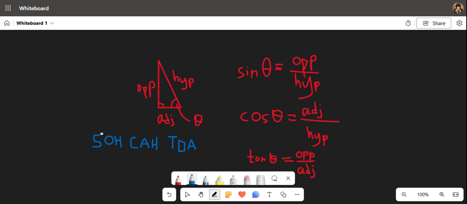Where S is sine, and this tells you that sine is the opposite over the hypotenuse. C is cosine, and that tells you that cosine is adjacent over the hypotenuse. T is tangent, telling you that the tangent is the opposite over the adjacent.